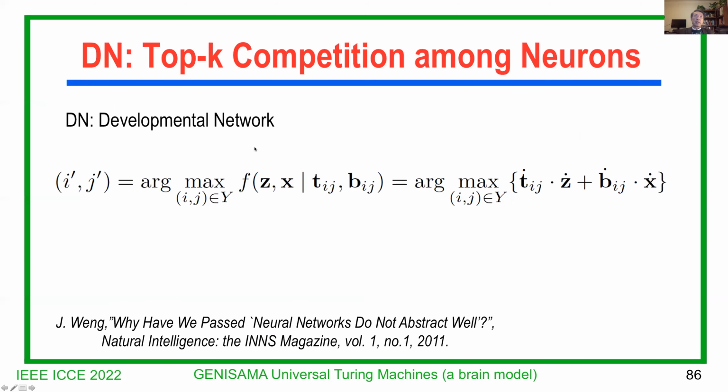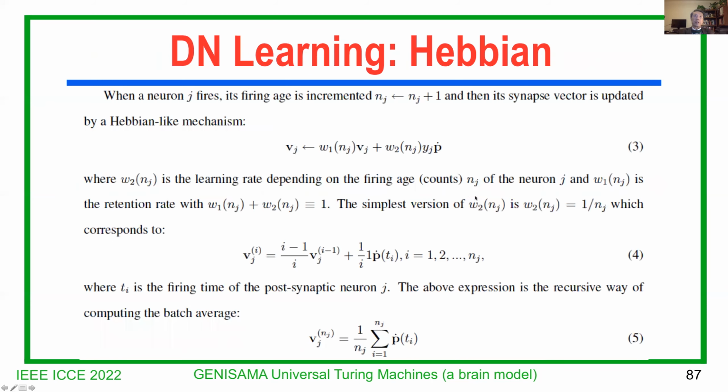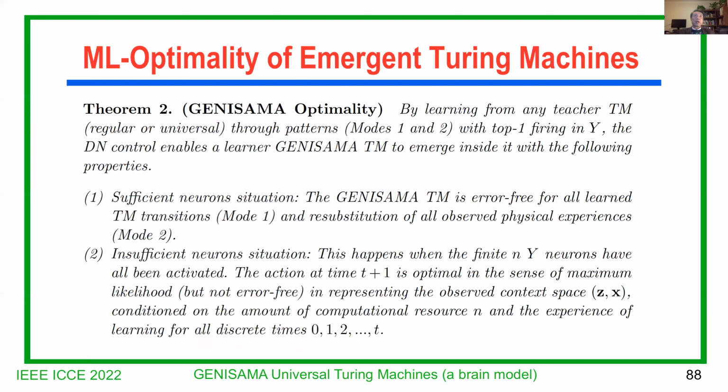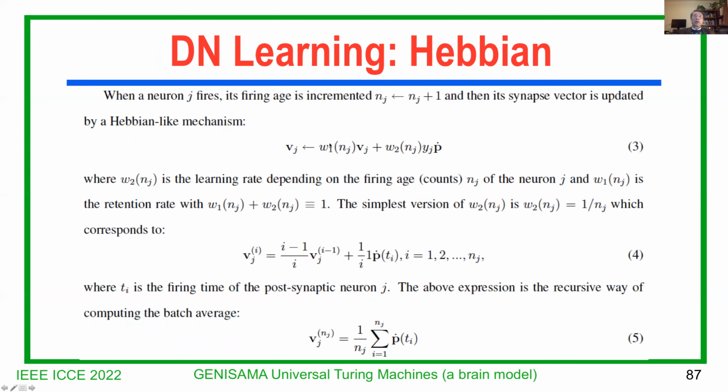And we use top-K computation in the DN. So we add mass from the maximum input and continue on the algorithm we had earlier. And the winner will respond with the input. The input is context normalized. This is the learning rate, this is the retention rate.